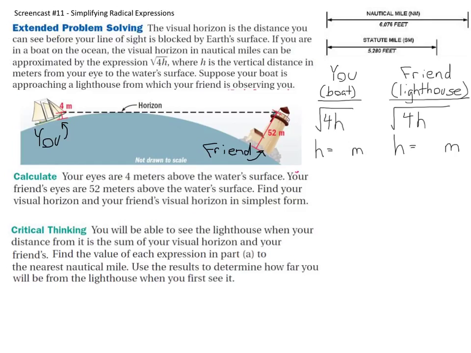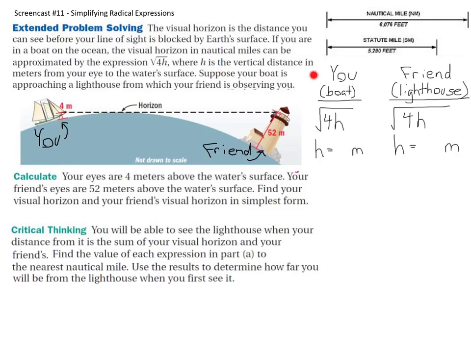So let's see here. Suppose your boat is approaching a lighthouse from which your friend is observing you. So that's depicted right here. Your friend is right here on this eastern lighthouse, and you're coming in eastbound towards your friend in the lighthouse. All right, so we have a few things to answer based on that information. Now remember, the expression we're going to use is the square root of 4h.